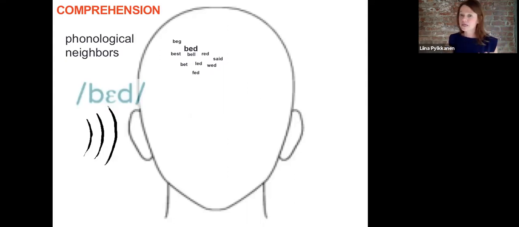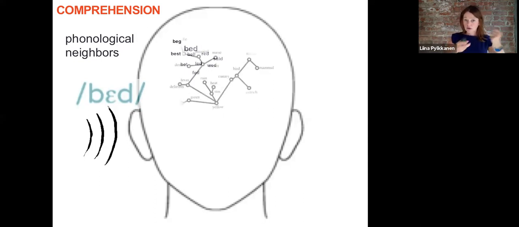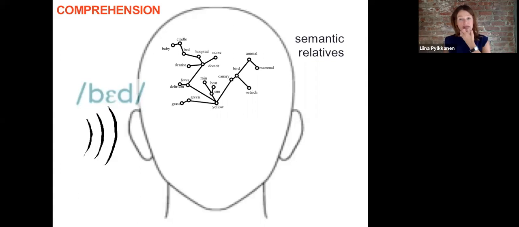But then at the same time, there's another type of parallel activation happening, and that is spreading activation on the basis of the meaning of the word. So this is a whole other network that gets activated, and we refer to these as the semantic relatives of the word.